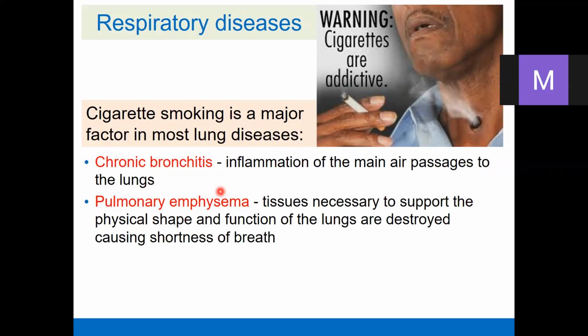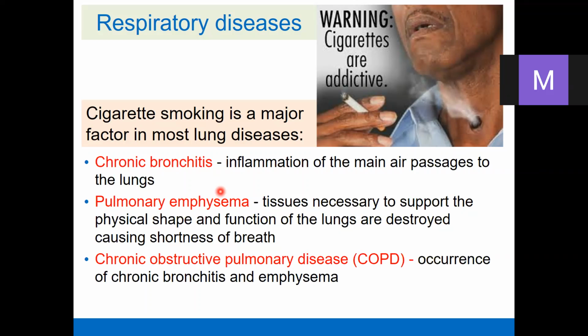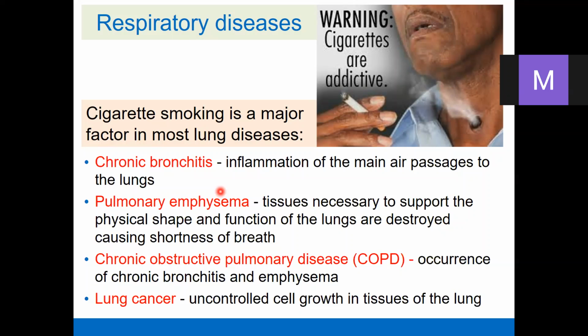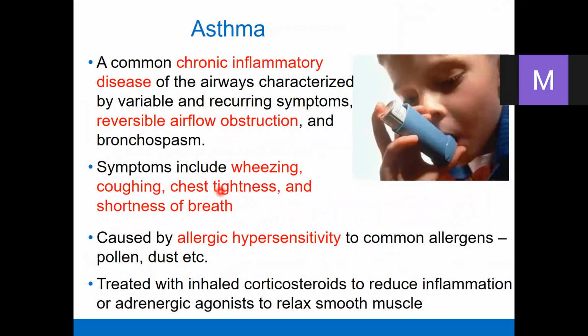It causes pulmonary emphysema. We lose space for actual gas exchange. It causes chronic obstructive pulmonary disease, which is the occurrence of chronic bronchitis and emphysema. It also causes lung cancer, which is also one of the most important health issues nowadays.